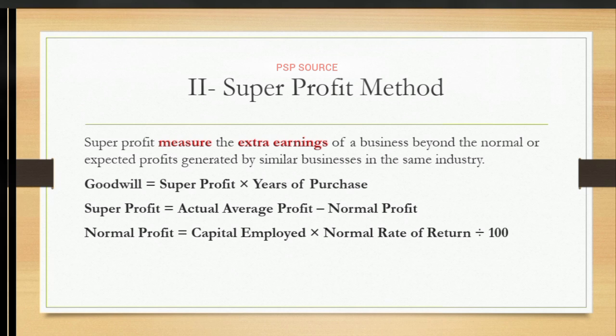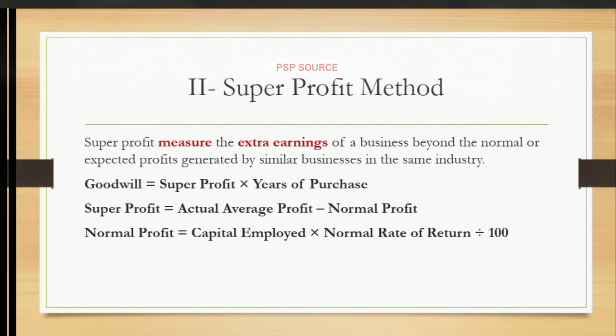Next, we'll explore the super profit method. Super profit measures the extra earnings of the business beyond the normal or expected profit generated by similar businesses in the same industry. Super profit means excess profit earned by the company beyond its normal profit.